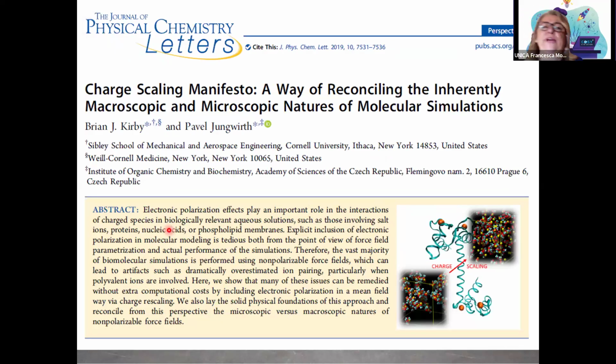It's also true that some limitation due to the polarization of a charged particle in various environments can sometimes be reproduced without a polarizable force field, but by simply scaling the charge of the charged particle in our system.